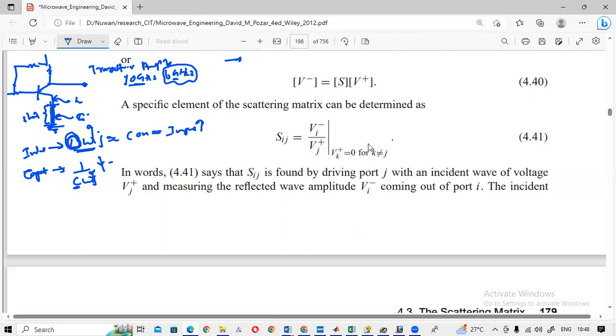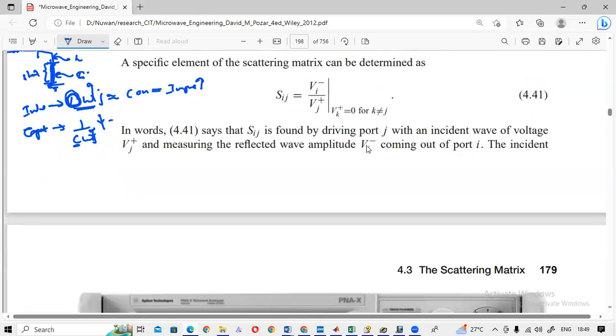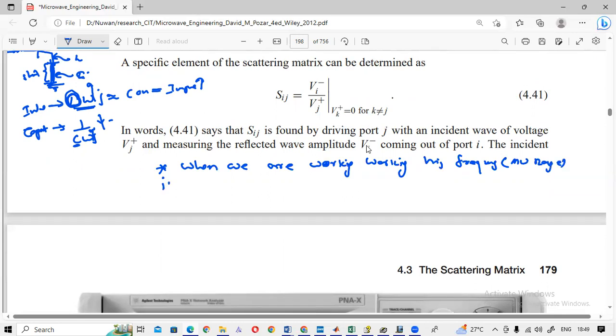So you should note, when we are working with high frequency in the microwave range, it is very hard to practically keep a circuit open or short.